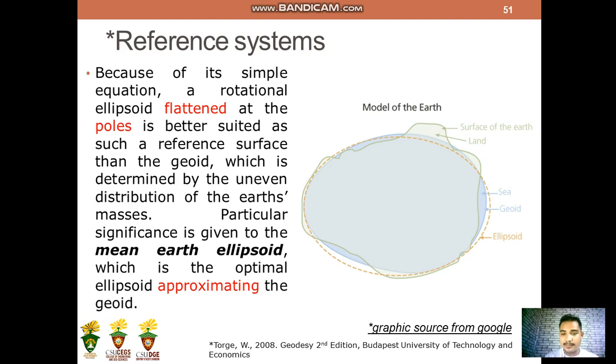The geoid goes from the sea surface to the continents, and the ellipsoid is what approximates that geoid. Out of that geoid surface, the ellipsoid is made.